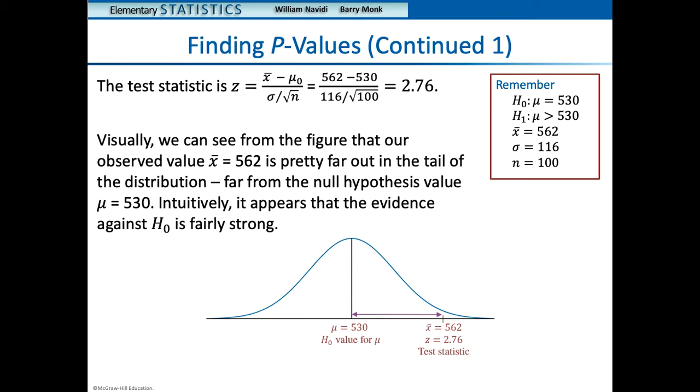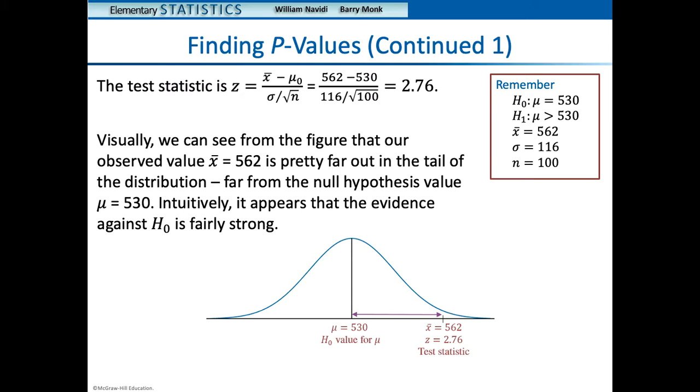That's the z-score formula for the sampling distribution. The sample mean was 562, and because we are assuming that the null hypothesis is true, we will plug in 530 for mu, and then divide by sigma over the square root of n, and the result is 2.76.